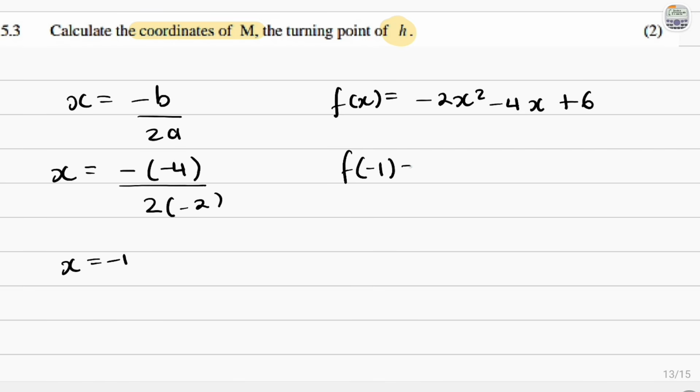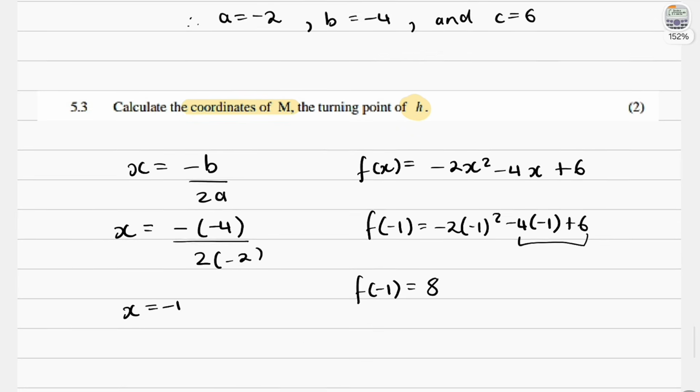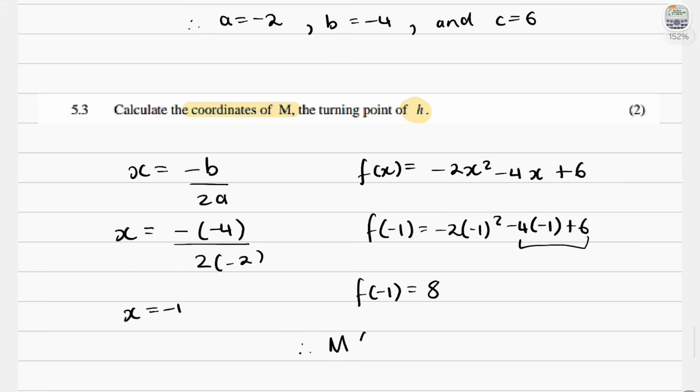So f of -1 equals -2 times -1 all squared minus 4 times -1 and then plus 6. This is going to be 6, that is +4. So together they give us 10. And then this gets squared and becomes +1 times -2 is -2. So that is 8. So there we go. The point M is actually just -1 and +8, and that is our answer.